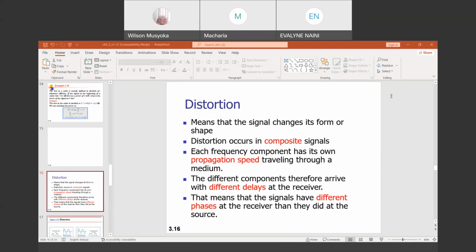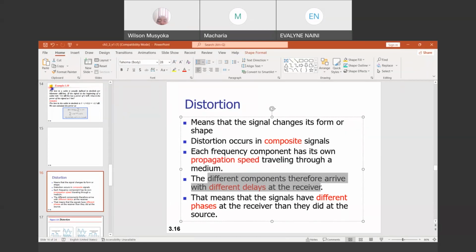The delay happens due to environmental factors such as the distance between the transmitter and the receiver, or other factors such as power. So that is where we are going to have that difference, and that is why we are saying that each frequency component has its own propagation speed when it is traveling through the medium, but then those different components can arrive with different delays.